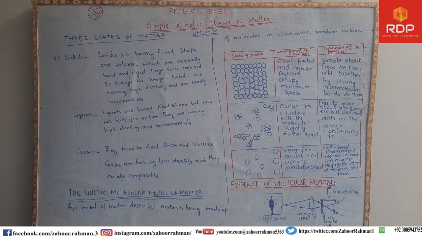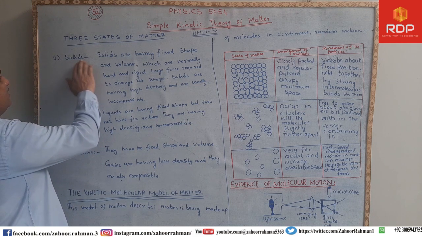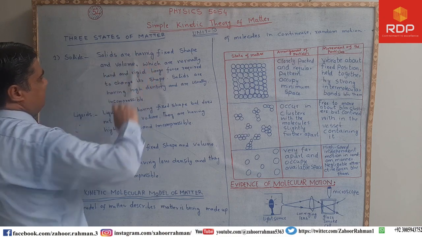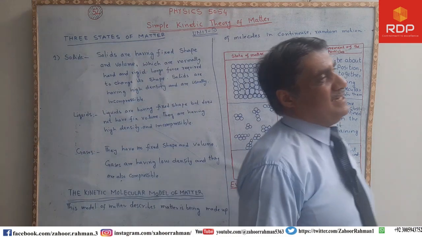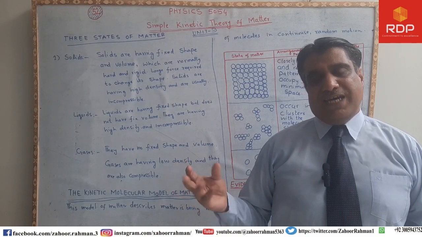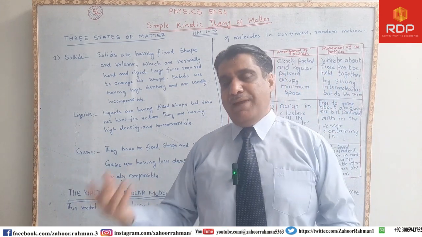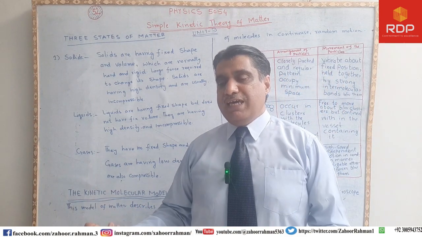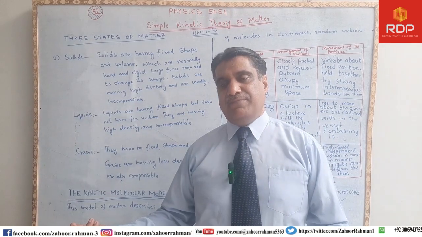Let us discuss it. First is the solid. Solids have a fixed shape. If you put it in a container, it will remain the same. For example, if you put a metal cube inside a tin, it will remain the same.